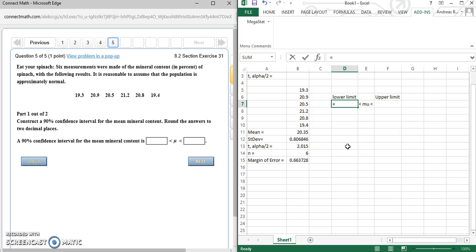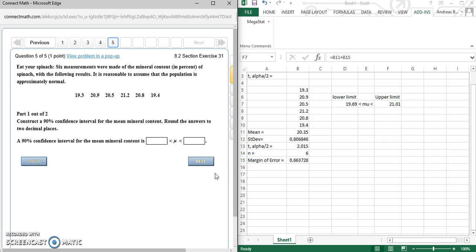So the lower limit equals the mean minus the margin of error, enter. For our upper limit, we take the mean and we add the margin of error to it. And we hit enter. And we want to round to 2 decimal places. This is already set up for 2 decimal places, but we can round in Excel too.